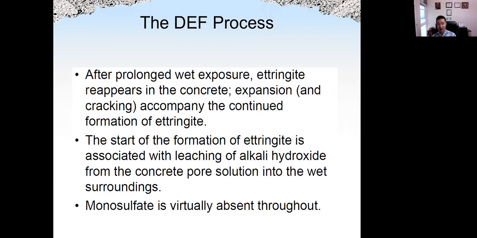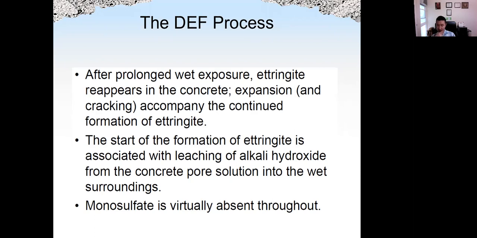And the start of formation of ettringite is almost always associated with leaching of alkali hydroxide from the concrete pore solution into the wet surroundings. Okay, that's why wet condition is necessary. So alkali hydroxide needs to be leached out of concrete before formation of ettringite.